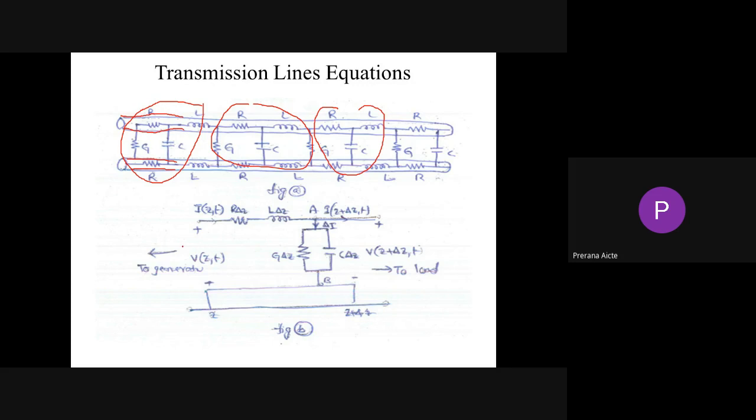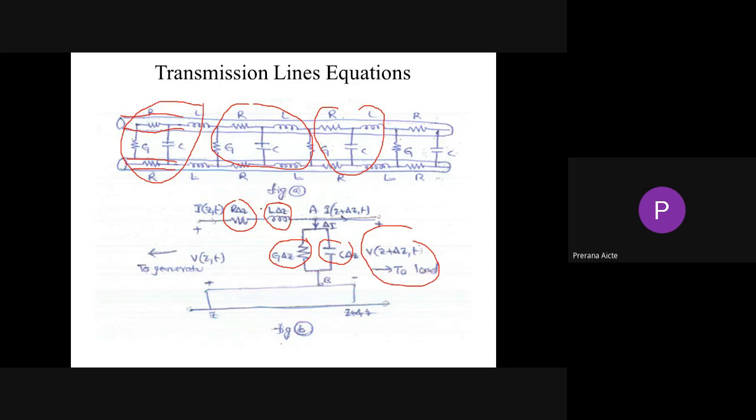The input voltage is V(z,t), then the resistance is R times delta z, inductance is L times delta z, conductance is G times delta z, and capacitance is C times delta z. Then the output is V(z plus delta z, t), that is at the load at this point.